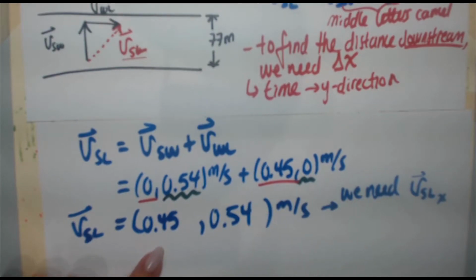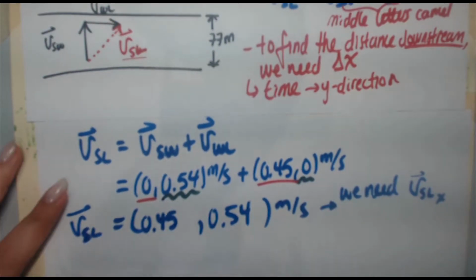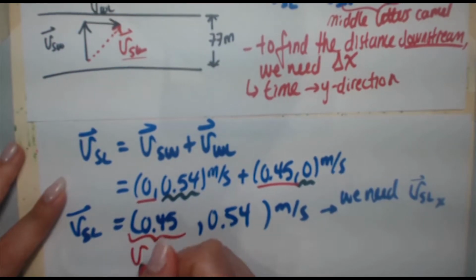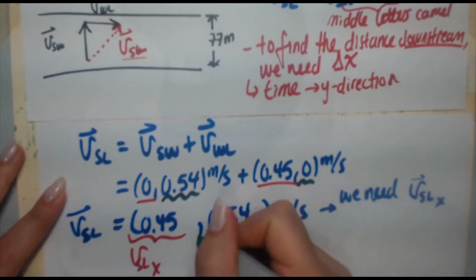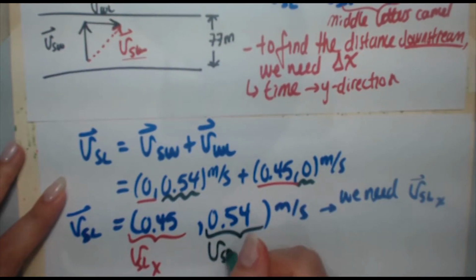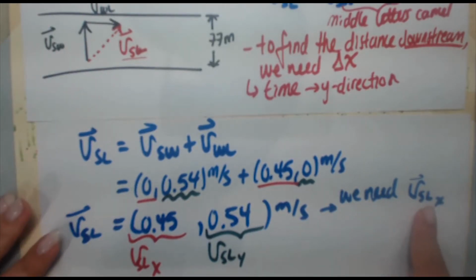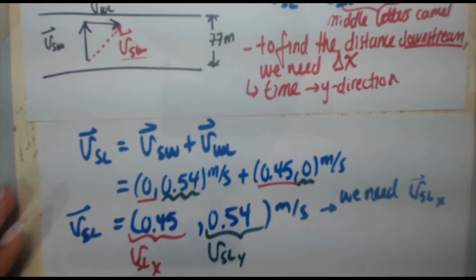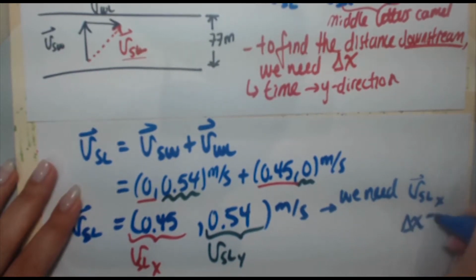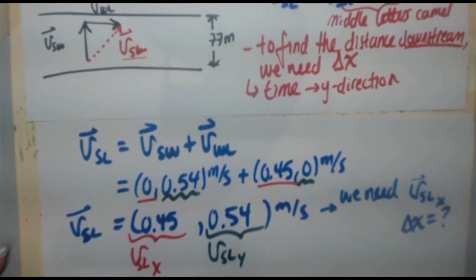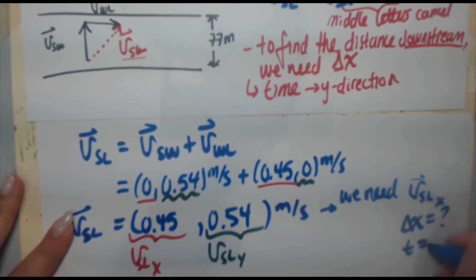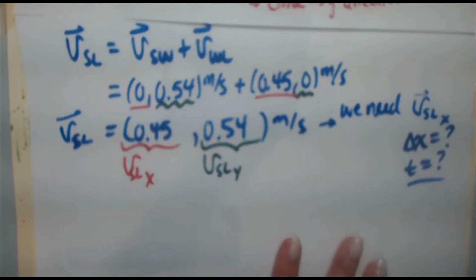The nice thing about writing the vector in this format with the components is that you already know what they are. So this is VSLX, and you've got VSLY right there. Okay, so no further calculations needed. So we've got VSLX. We're trying to find delta x, right? That's our goal here. All we need is time, and remember, time we're finding from the y direction. So let's do that.